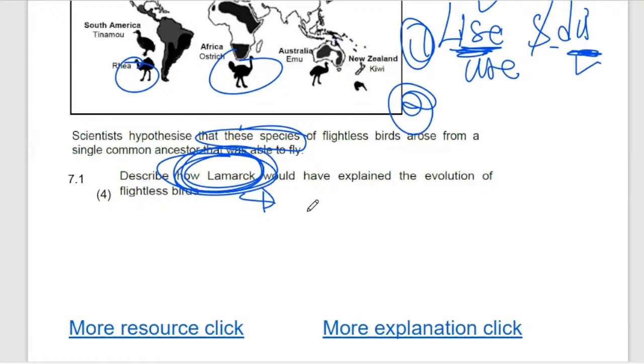They passed this character, not allele, because this one doesn't talk about alleles. Which character? Of not being able to fly, to the next generation, leading to these birds which are not able to fly. So that's how you're supposed to explain this. In this case, they are bringing about disuse.